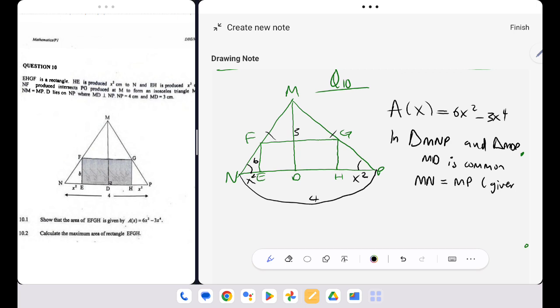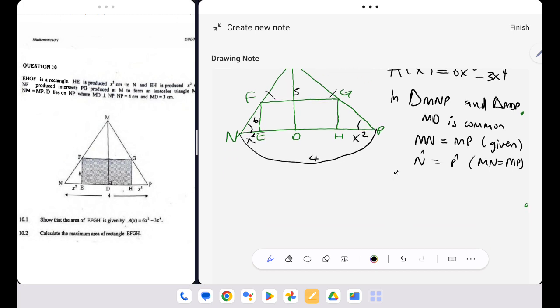This is given to me, and I can conclude that angle N is equal to angle P, because these are base angles of an isosceles triangle. It's true because MP is equal to MN.